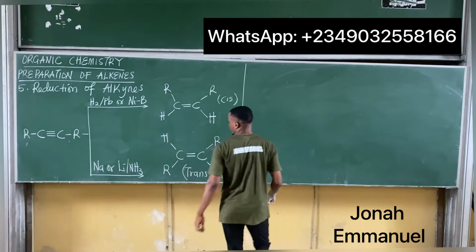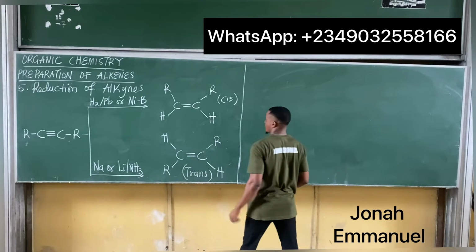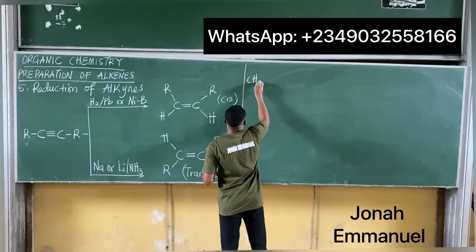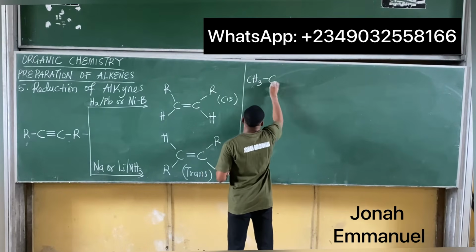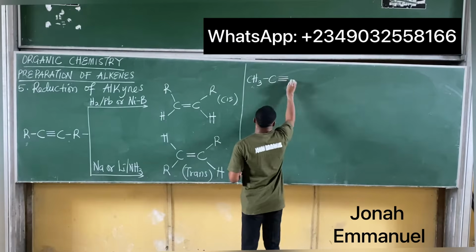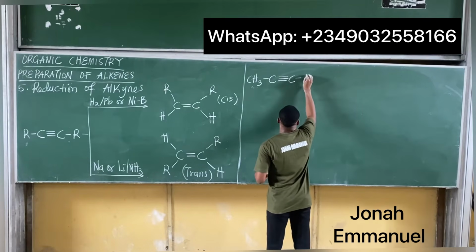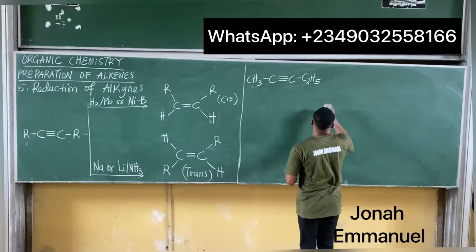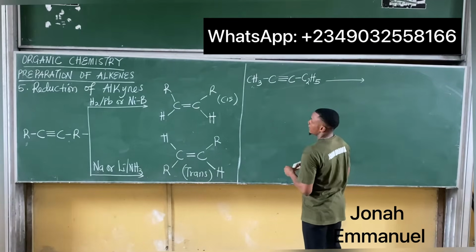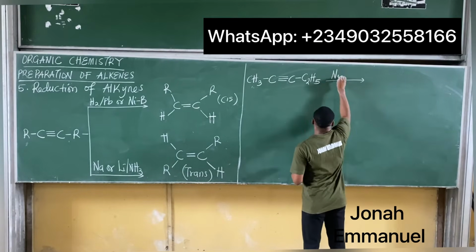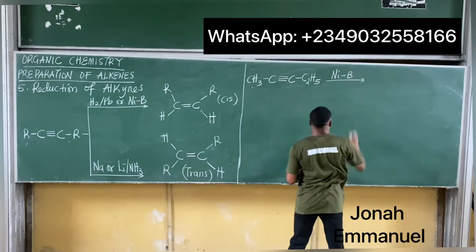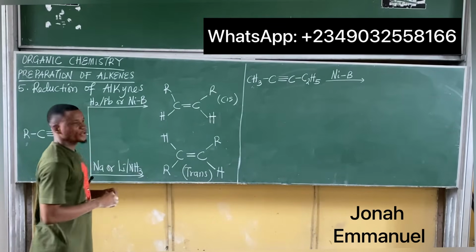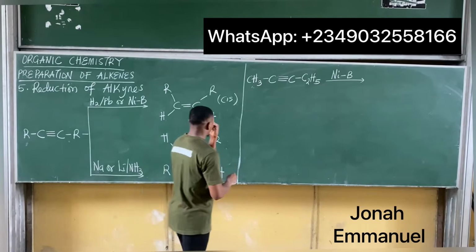Let's take an example and see how it works. Let's say I have CH3 to C triple bonded to C, C2H5. Combine this with, let's say, nickel boron. Please check. What do you think will be your answer? Just write it down.